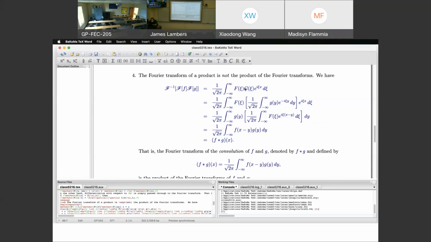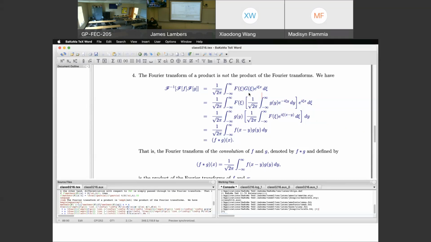And then, to try to figure out what this is, I rewrite capital G in terms of little g. Capital G is the Fourier transform of little g, so that's what's in the square brackets here. Then I rearrange the order of integration.